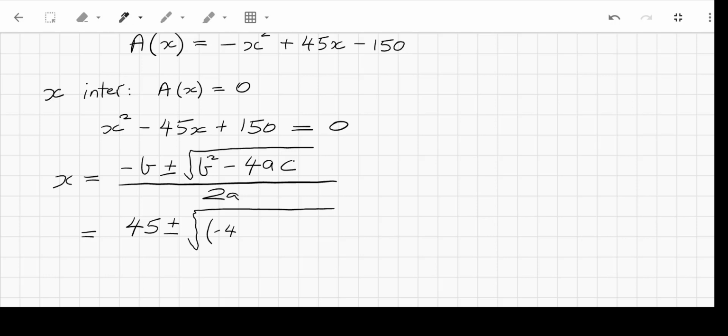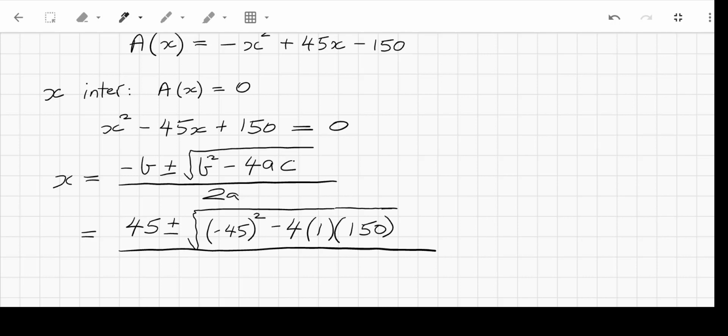of negative 45 all squared minus 4 times 1 times 150 all over 2 times 1, 2a.